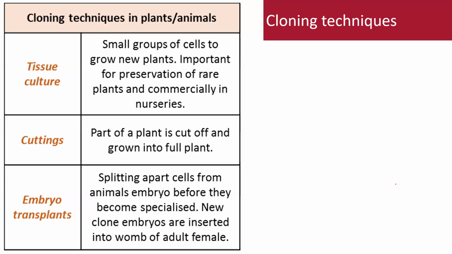Other cloning techniques are tissue culture, cuttings, and embryo transplants. The first two are mostly plants. Tissue culture is when you get a few cells. Cuttings, you chop a branch off, and then you can grow it into a full plant. And embryo transplants is what we just talked about previously.